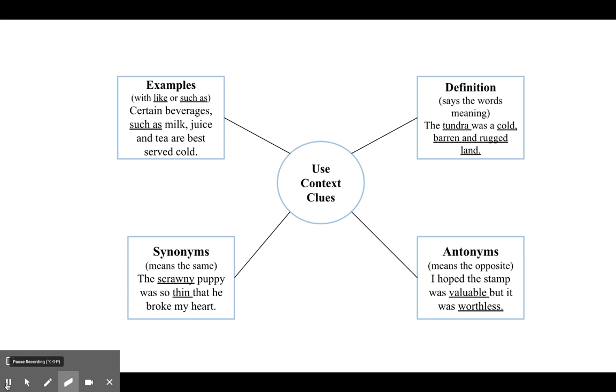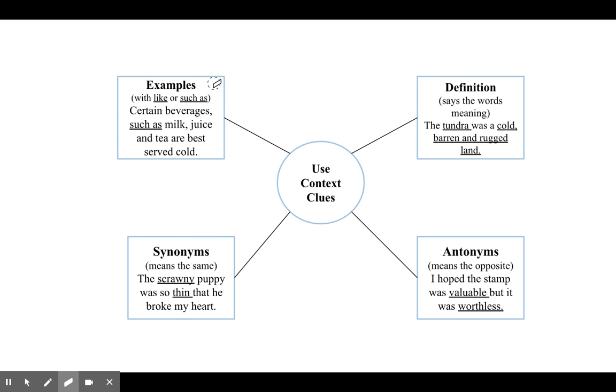Other types of context clues provide synonyms, words that mean the same, antonyms, words that mean the opposite, or examples of what the word is. These are the other kinds of context clues that we'll encounter as we continue to read together.